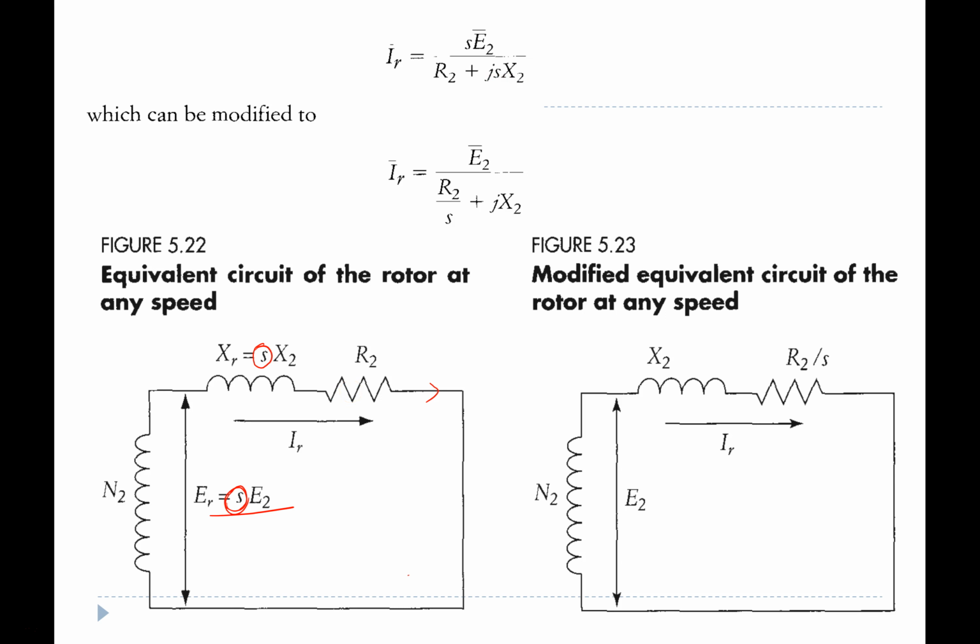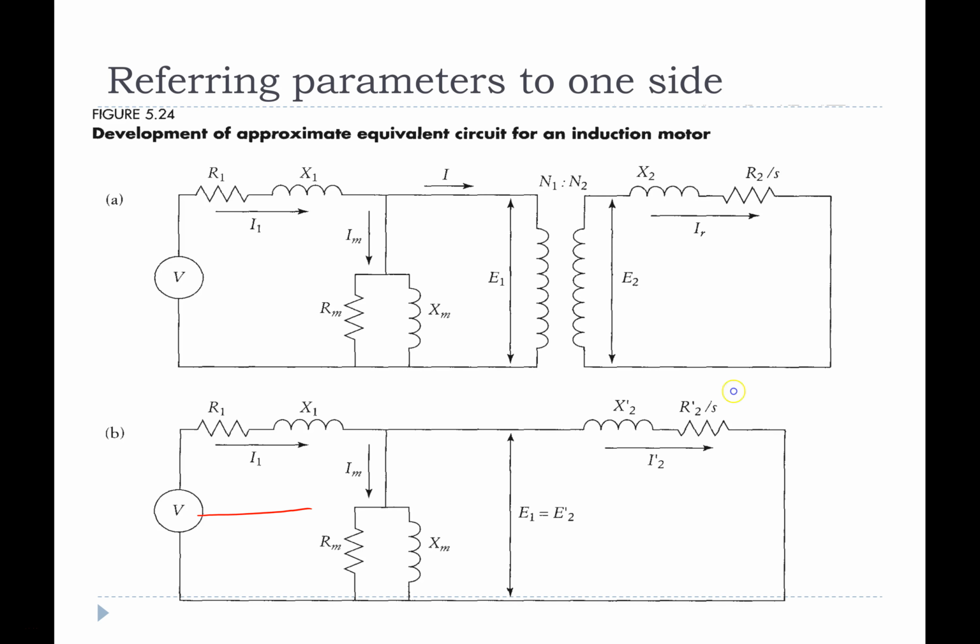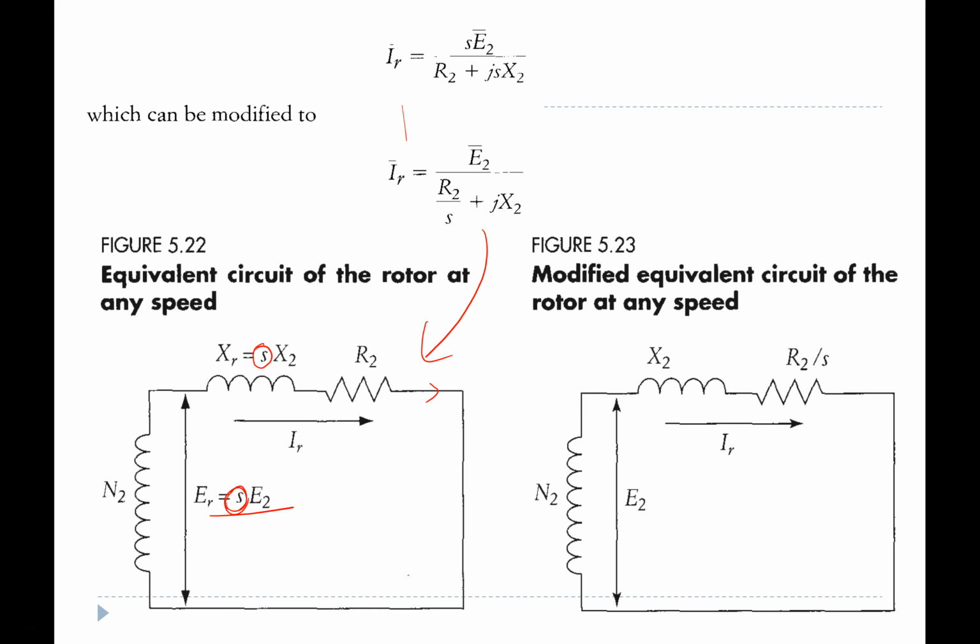I could divide by s on s, and bring it to this form: the same IR is equal to E2 divided by (R2 on s plus jX2). So I could convert the rotor circuit at any speed from this circuit to this circuit.